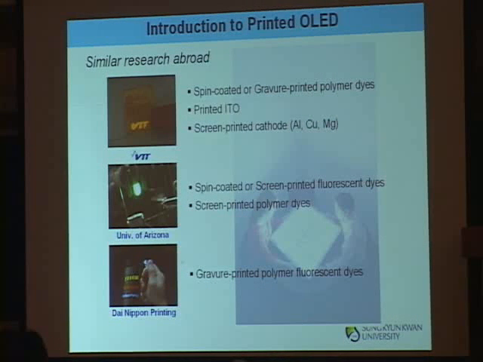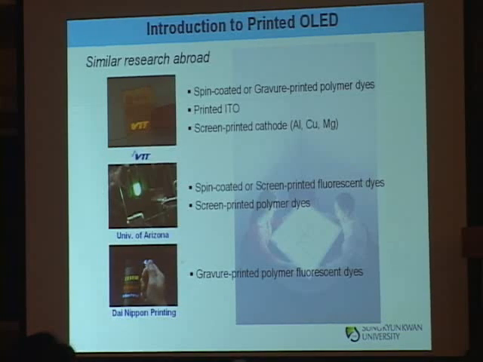There are many printed OLED studies going on abroad. There is one company named VTT in Finland. They research spin-coated or gravure-printed polymer dyes, and they use ITO film printed on the glass, and also they use metal cathode using screen printing.